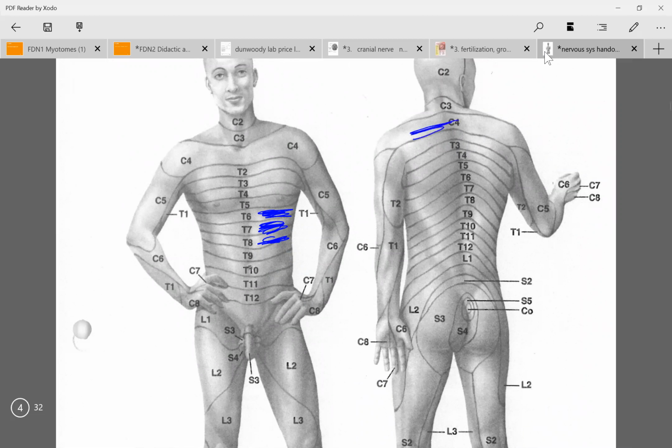So the C4, it's because that is innervated by C4 nerve root. So if there's an issue in this area, you know where in the spine to look, right? C4 nerve root, so C4 bone in the spine.